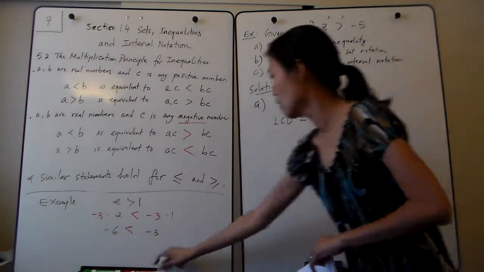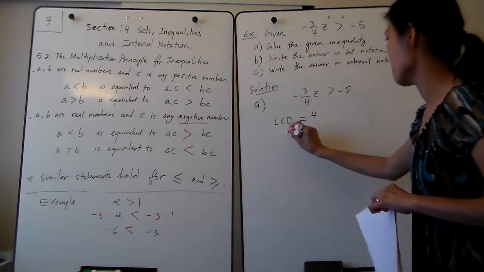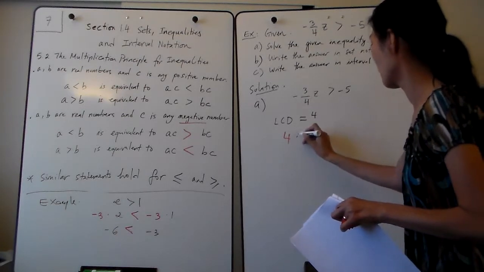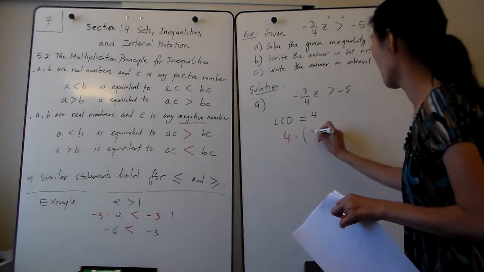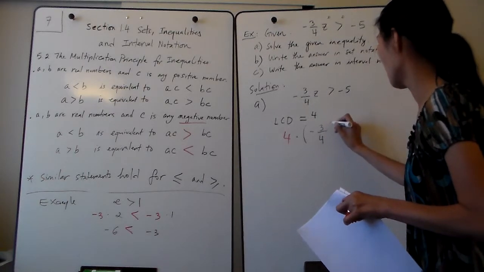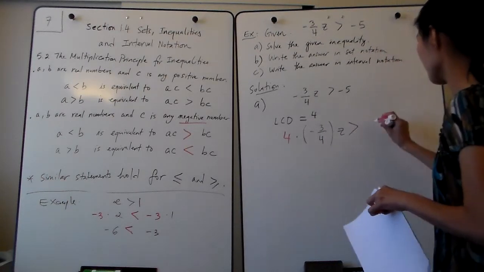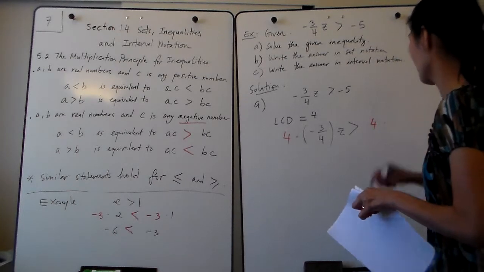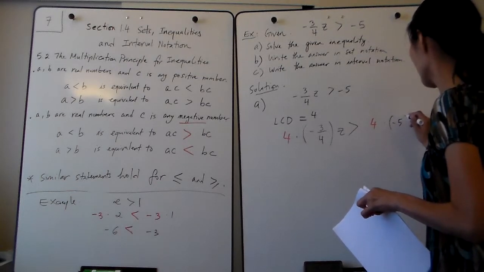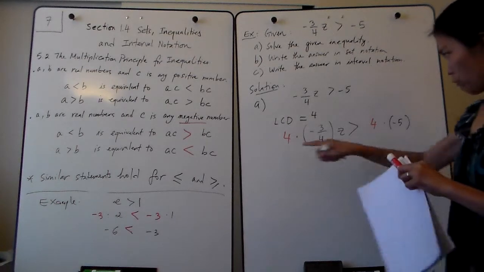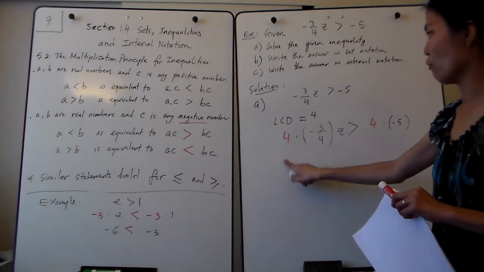We have 4 times, simplify, we get 4 over 1, okay?